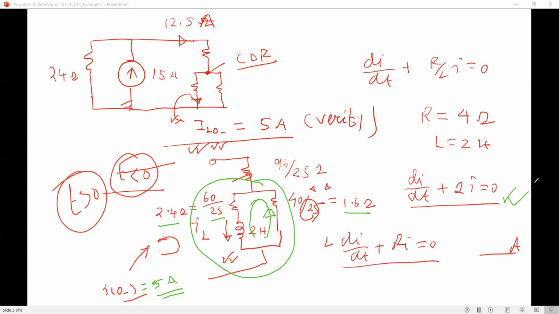What will be the analytic solution? The analytic solution i(t) would be equal to I0 minus times e to the power minus 2t for time t greater than 0. Here I0 minus is equal to 5 ampere. This is the analytical solution.